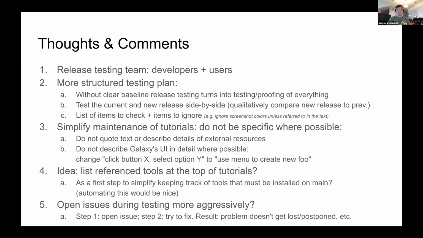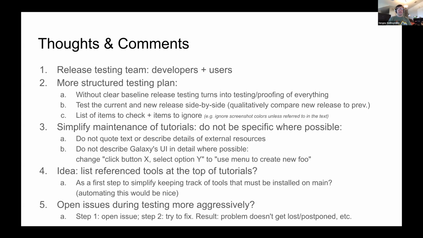So we think what would help is being able to test, first of all, the current and new release side by side. Maybe use test and main for a given period, one with the new release, one with the old release. That way we could evaluate qualitatively, not quantitatively, how well something works on the new release compared to the old release, if we could run two tutorials side by side. So that's one idea.